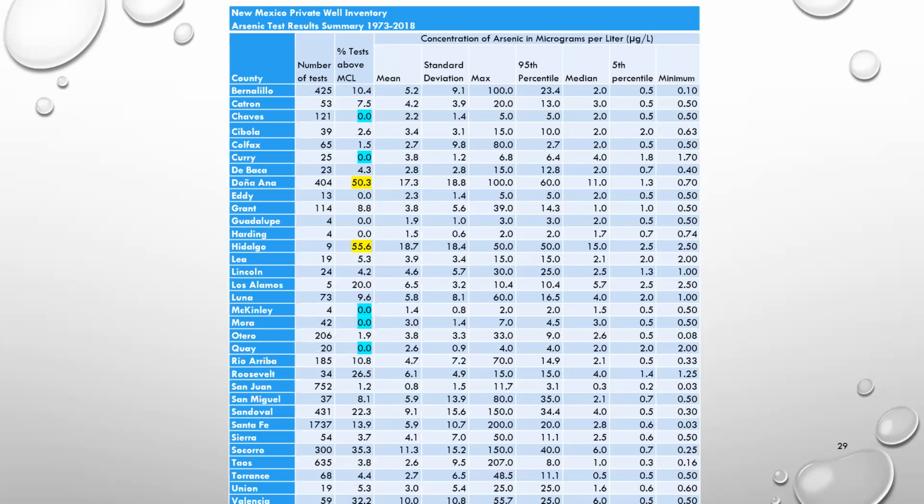The second highest, with a much larger number of tests, about 50% were above the MCL. This is an area where we do know that there's arsenic, on the Rio Grande Valley, a potential area of concern for arsenic in the state. And then the blue here is counties where the percent of tests above MCL was 0. There's a number of them, but again, some of them have very small numbers of tests.